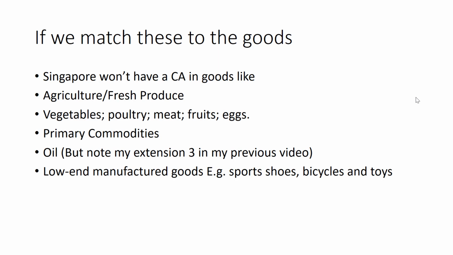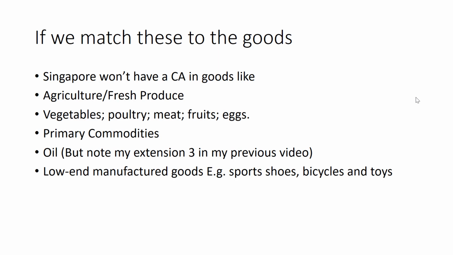But take note of my last video, we talked about extension 3, if you recall. We may not have a comparative advantage in crude oil because Singapore doesn't lie on top of an oil field. However, to transform crude oil into refined oil, just like to transform rainwater to drinking water, requires capital, is capital intensive, skilled labor intensive, as well as technology intensive.